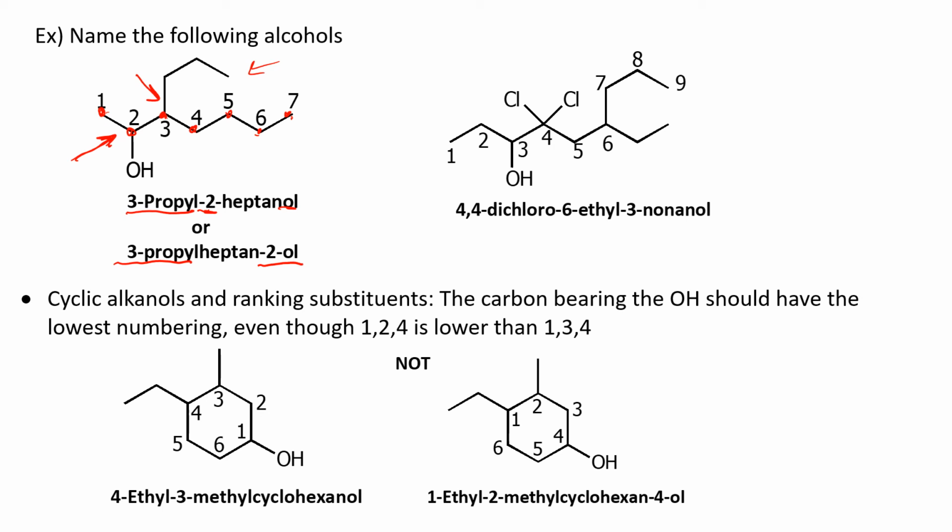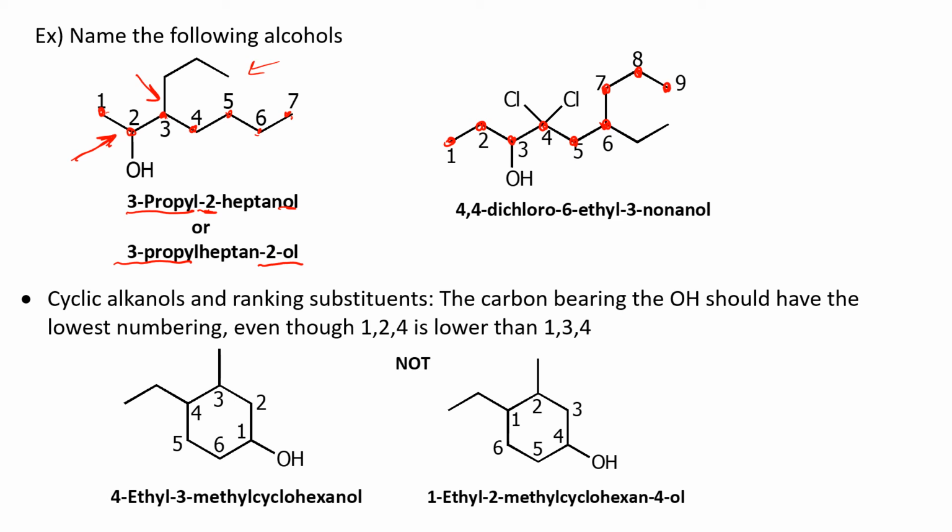All right, for the next one, we've got a lot of different substituents here. We've got some halogens, and we have an alcohol. So our longest parent chain here can be numbered in 2 ways. Let's see. Nope, there's only one way to do it. We have 1, 2, 3, 4, 5, 6, 7, 8, 9.